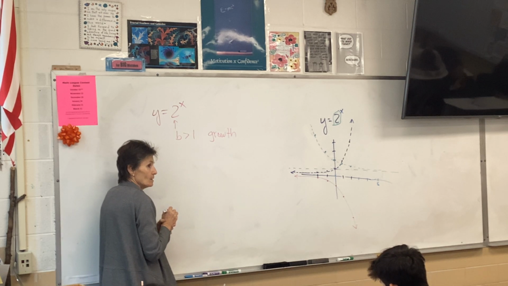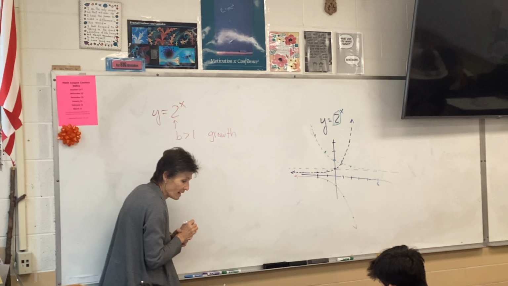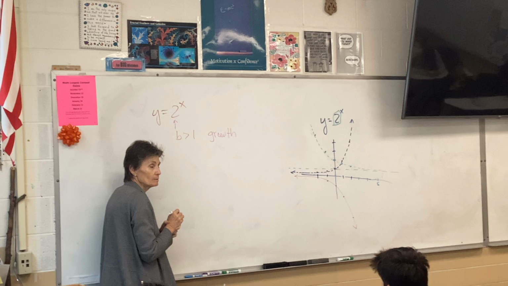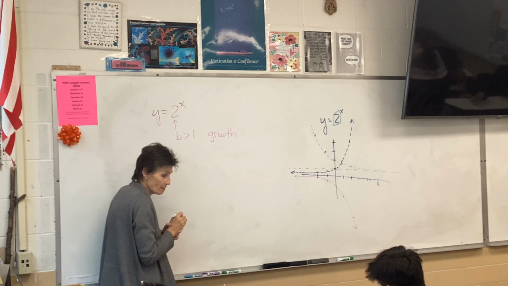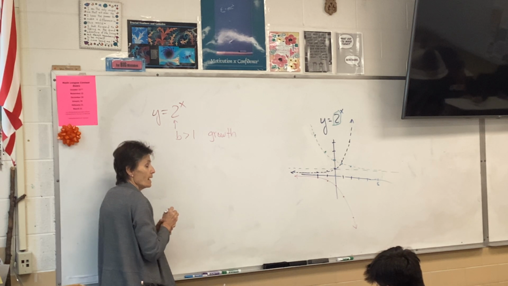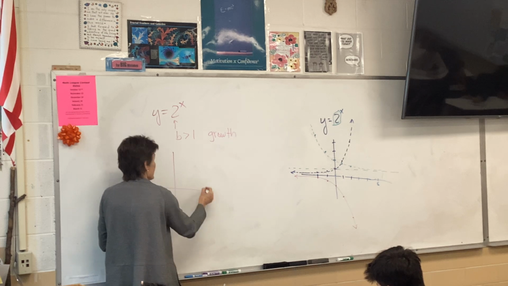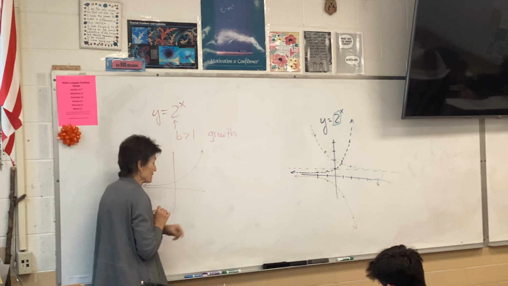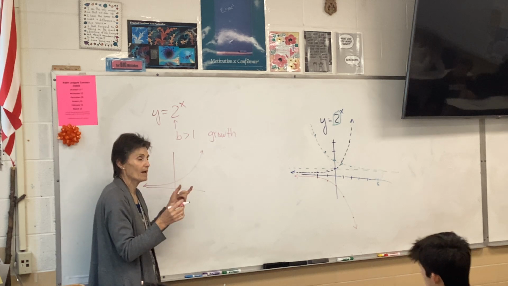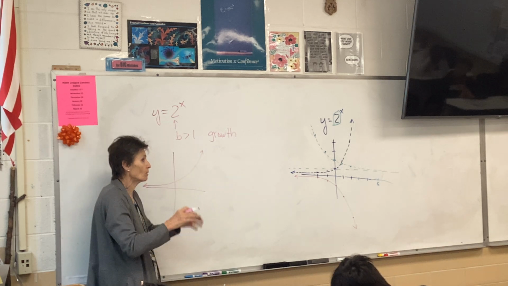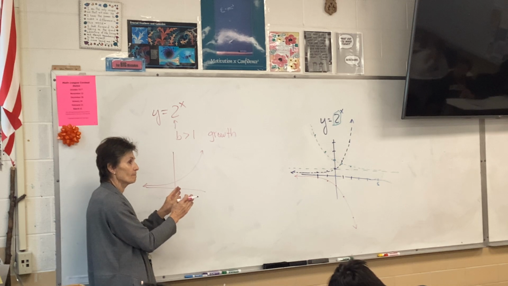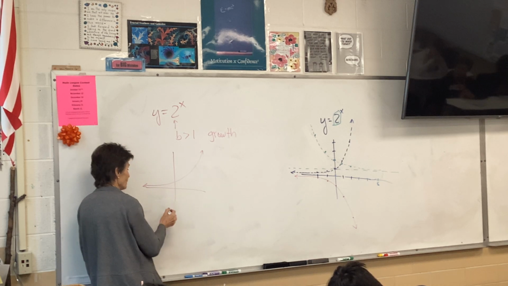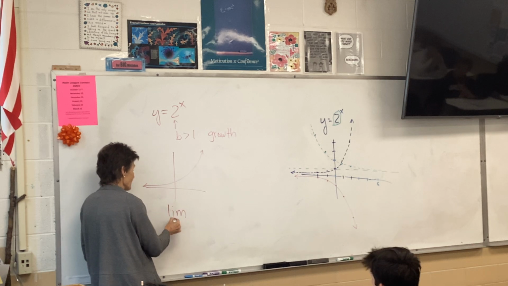Okay? So when I look at problem A, what's my base? 3. So is that growth or decay? Growth. And if it's a growth, it's going to look exactly like that blue one. That's what growth looks like, period. Now you can move them around, make them steeper, but that's what growth looks like. When we describe its end behavior, we're going to use limits.